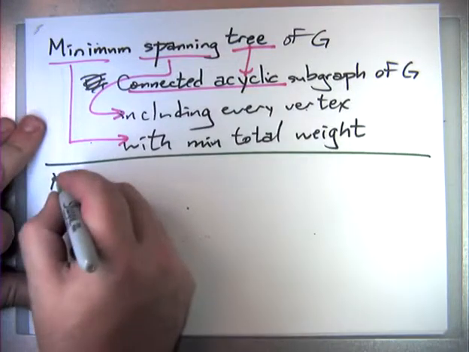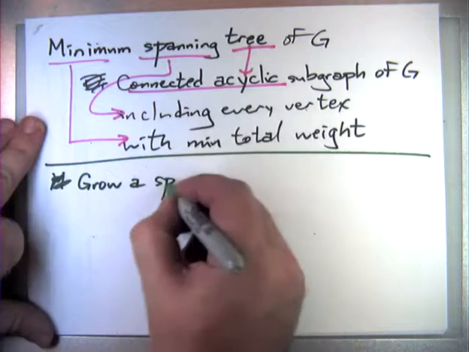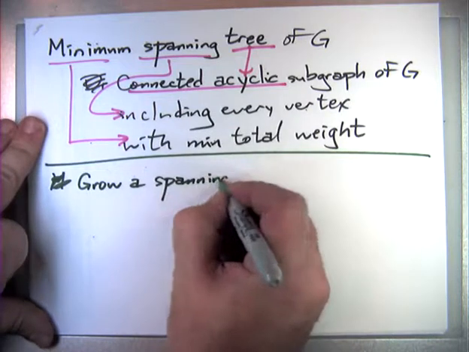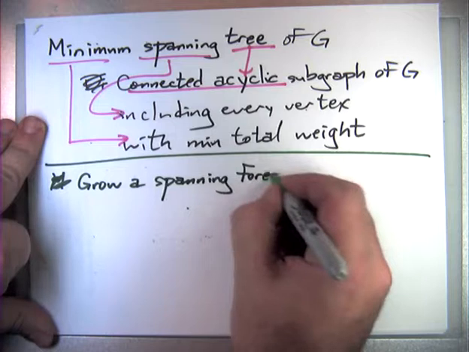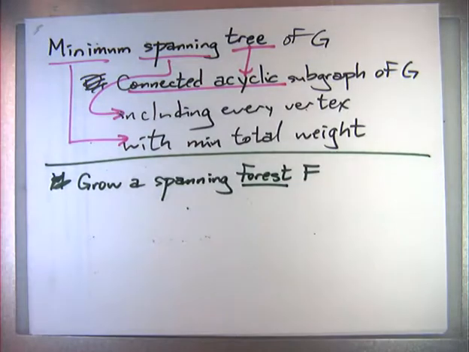I'm going to grow a spanning forest F. The difference between a spanning tree and a spanning forest is that the forest might not be connected. It's still spanning, so it still includes every vertex in the graph, and it's still acyclic. It still doesn't have any cycles because every component of a forest is a tree. But it's not necessarily going to be connected.